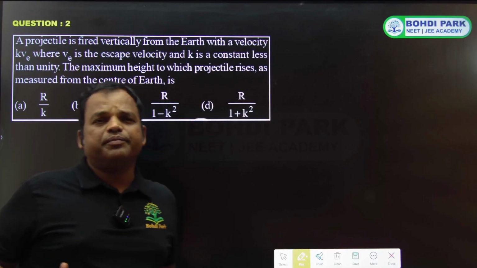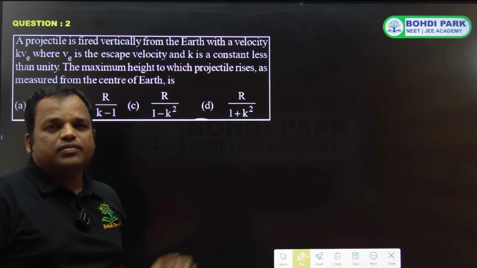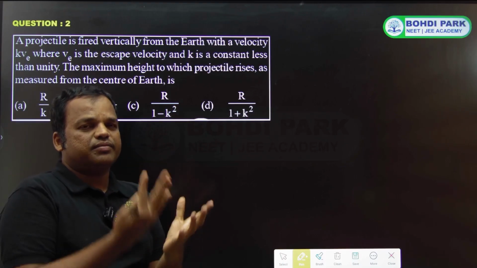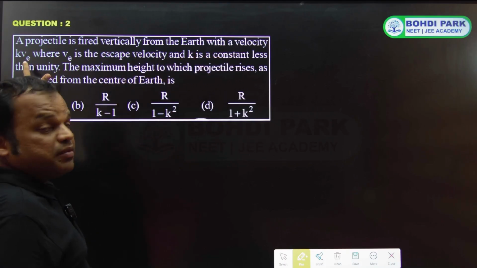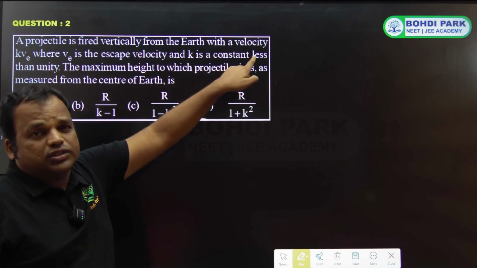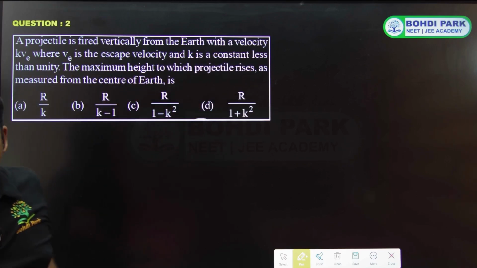Now look at question number 2. Projectile is fired vertically from Earth. So when something is fired, it is launching. So we are giving some speed, okay, with velocity k times VE, where VE is escape velocity and k is constant, less than unity. Unity means 1.